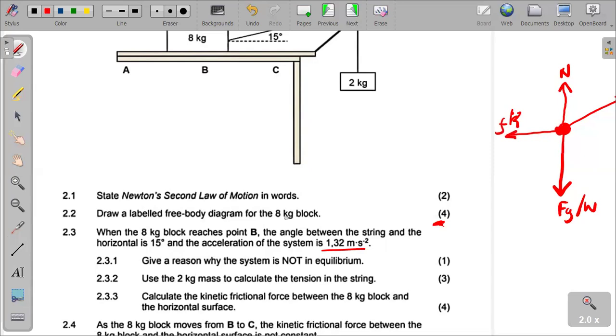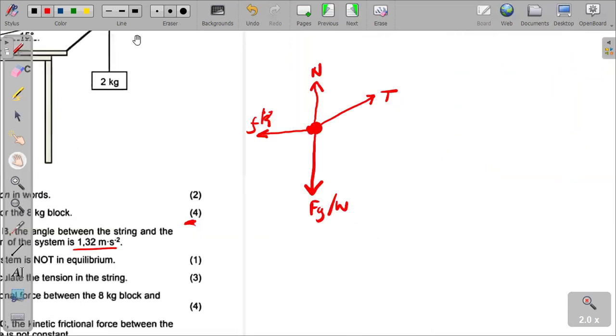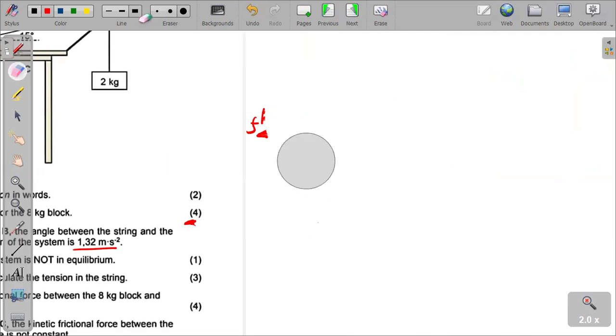So that's 2.3.1. 2.3.2 is saying use the 2 kg block to calculate the tension in the string, right? So what can we do? First things first, we can use Newton's second law. So by saying F net is equal to ma for the 2 kg block, taking downward forces as positive is a choice that we can take.